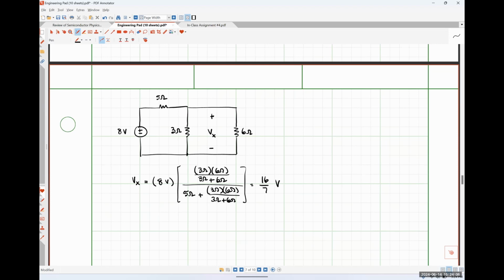So effectively, as long as we can make things look like a series combination of resistances, we can apply voltage division for that as well. We only have 25 minutes left of class, so I don't know that we have time to work this particular problem out, but I want to bring to your attention, let me go back here.